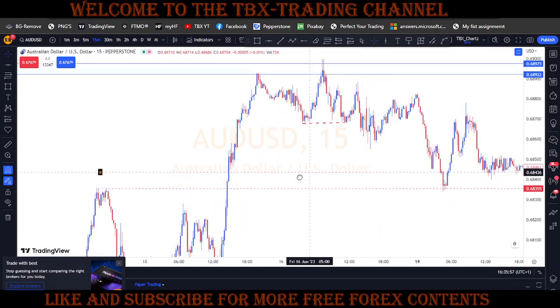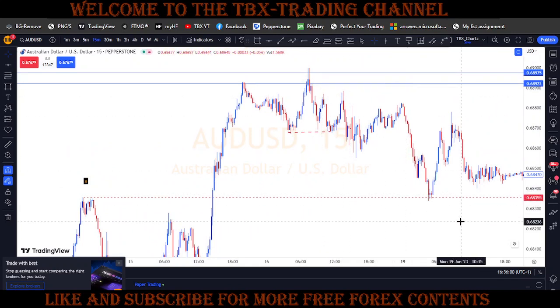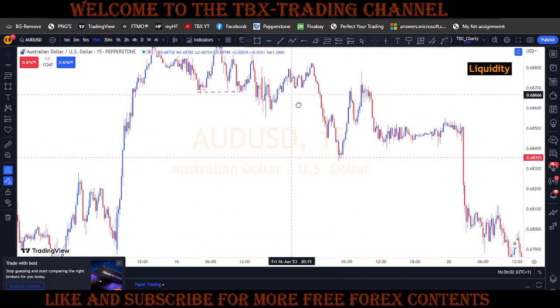As you can see, price came one, two, and came down. It means that this zone is very, very strong.